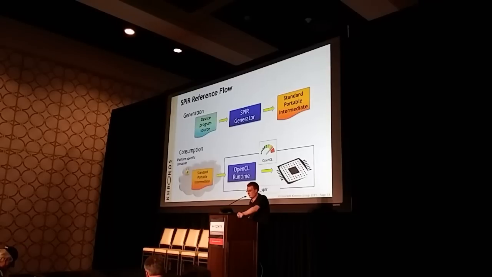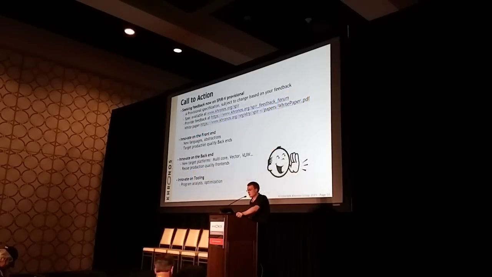So this is the reference flow, basically what I talked about before, separate generation from consumption. And at the moment, we have a couple of tools. We have a C and C++ compiler and a patched Clang there, already in development, as well as these converters. So we are seeking feedback on this and the provisional 2.1 specifications.